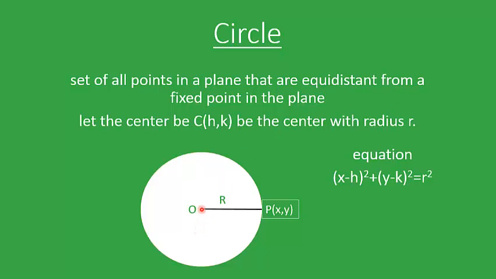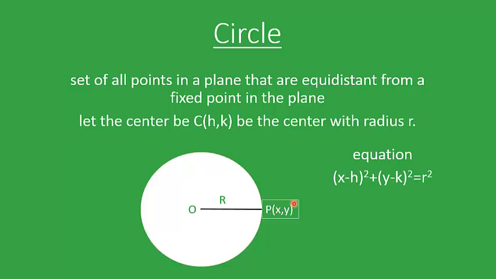Let's take O as the fixed point, and all the points equidistant from it represent the circle, where the distance is equal to r.